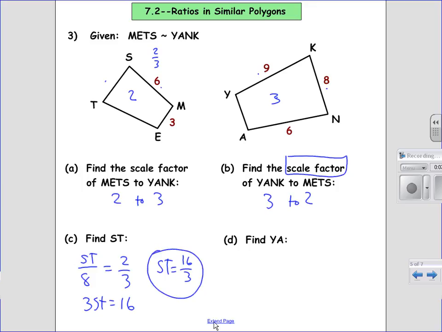Okay. YA, I'll just repeat the process here for YA and go YA is to 3, those are matching sides there, as 3, the big, is to the small, 2. So 2YA equals 9.